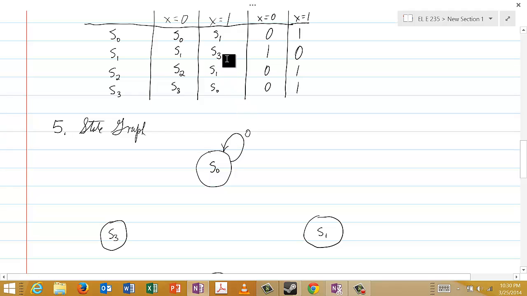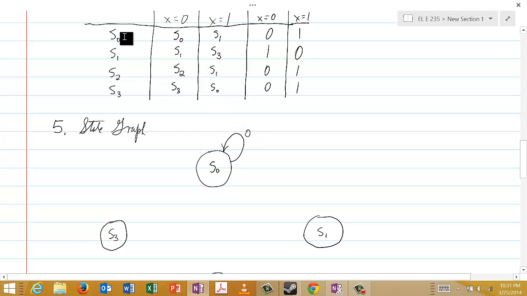But notice now that you recall in the Moore machine, the output depended simply on the state. And so in the Moore machine, we would put the value of the output here inside the circle along with the designation for the state. However, in a Mealy machine, such as the one we have here, the output depends on the input and the state, and therefore for each one of these arrows, it will have information not only about the input but also the output.